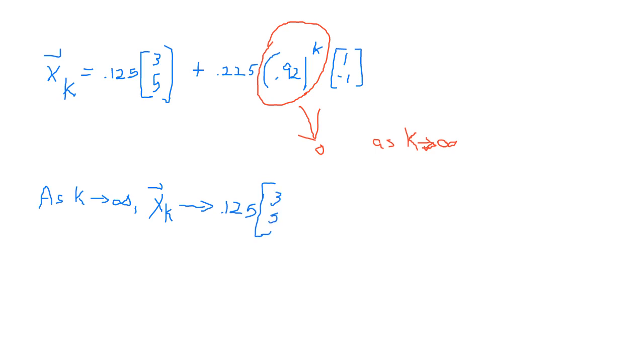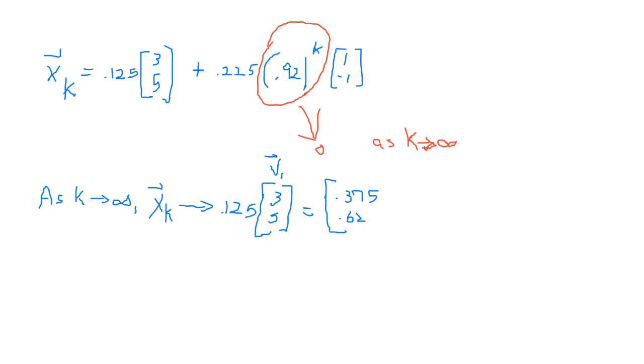Exactly, Solomon. Times the first eigenvector. And this is going to equal 0.375, which is 37.5%, and 0.625.